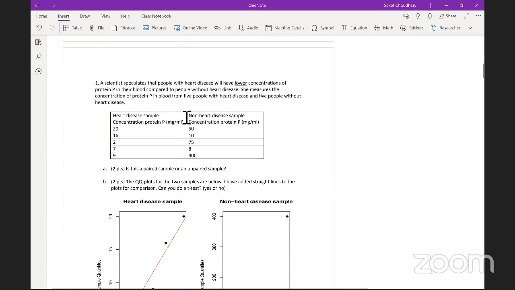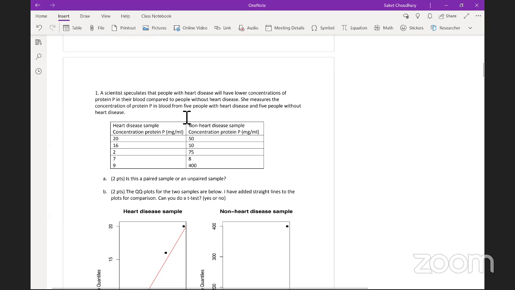What's given to you is two columns. One is the protein concentration of patients who have a heart disease, and the other is about patients who do not have a heart disease. The first question you're asked is whether this is a paired sample or an unpaired sample.